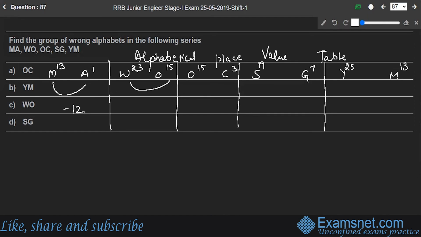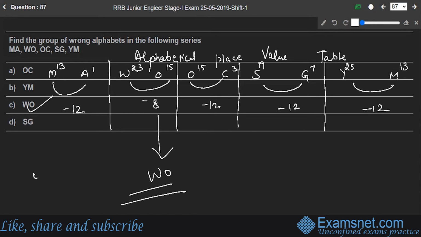To move from 23 to 15, you need minus 8, right? Minus 8 and minus 12, and again minus 12 and minus 12. So that means this is the odd one out: WO. Option C is the right answer to the question.